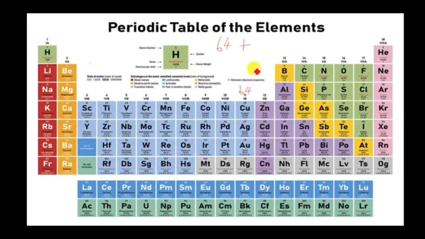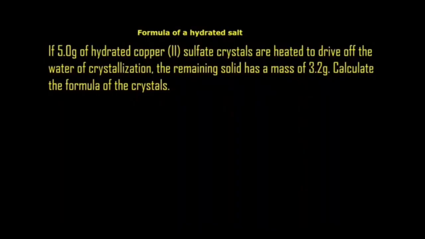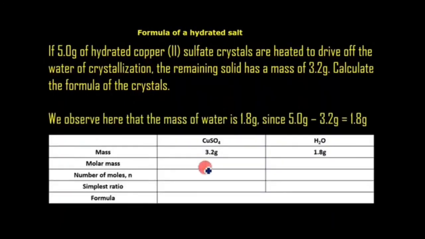So we have 64 from copper plus the relative atomic mass of sulfur, 32, and copper sulfate has 4 oxygen, so plus 4 times 16. This gives us 160. Therefore, in our table, we write the molar mass as 160 grams per mole. And for water, we've already calculated this in a previous example. This is 18 grams per mole.